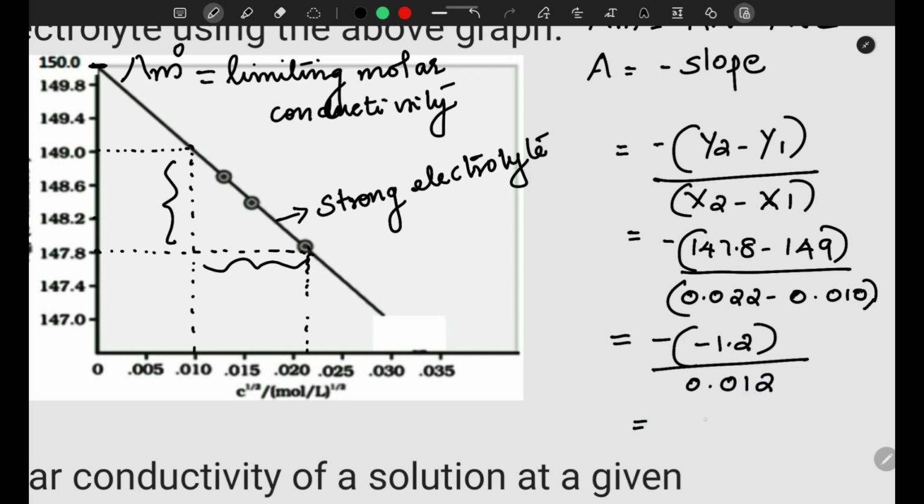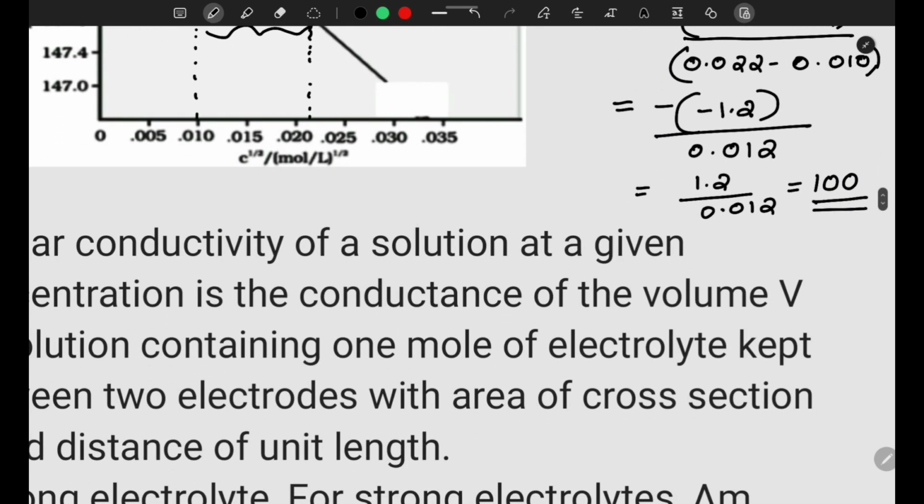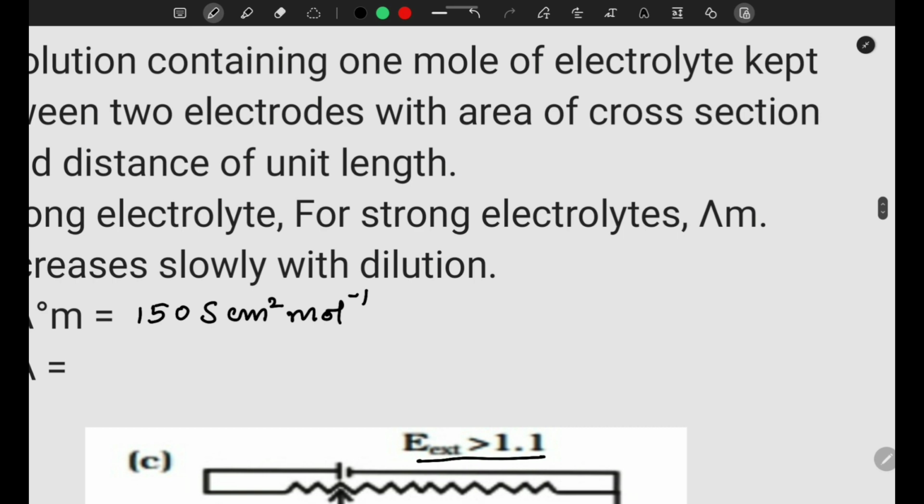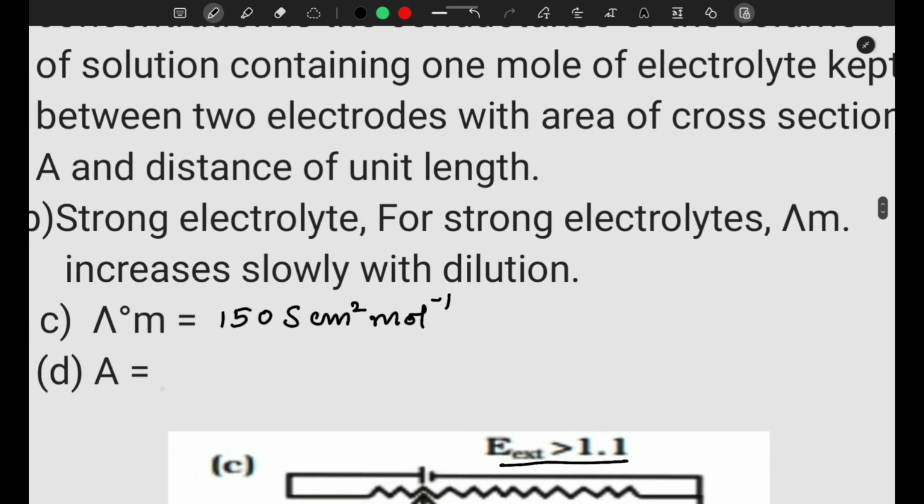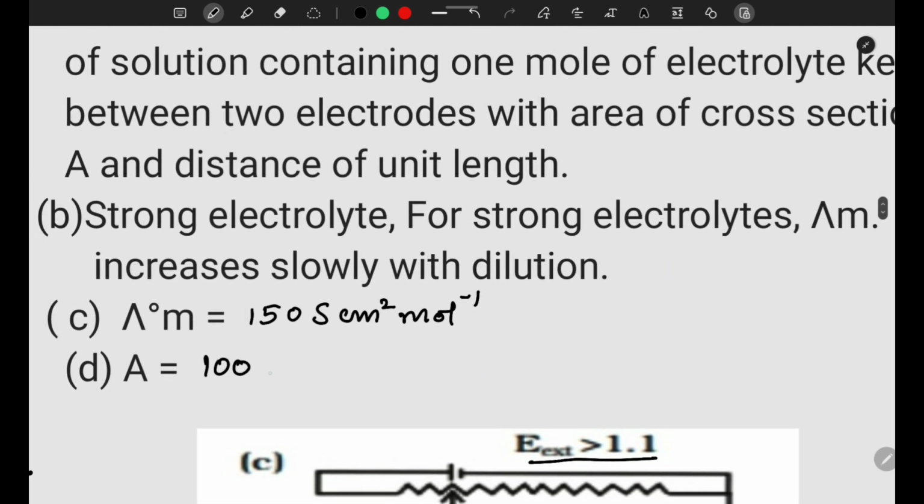So that is equal to 1.2 by 0.012, that is equal to 100. So our slope is equal to 100 Siemens centimeter square mole raised to minus 1 divided by mole per liter raised to 1 by 2.